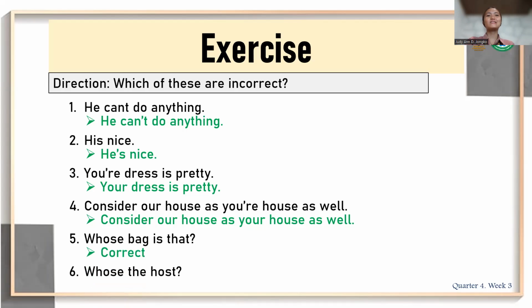Okay, for number 5, this is a correct form of a sentence. We don't need to correct anything in this item. And next is who's the host? So what do you think for this one? Okay, this one is incorrect. So the correct form is who is the host. In this sentence, you are asking who is the host of the event, the show, or the program.